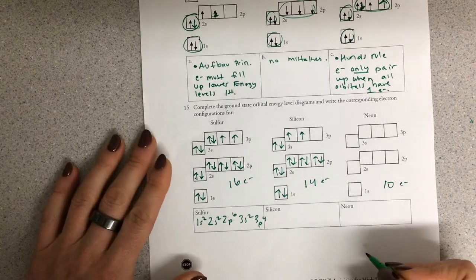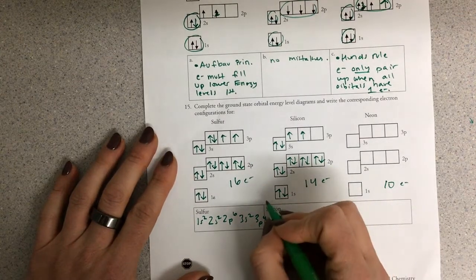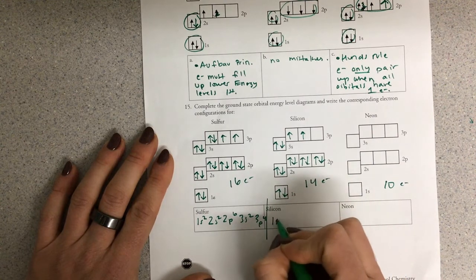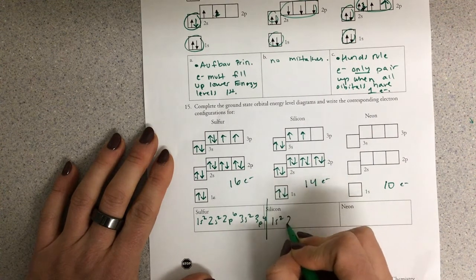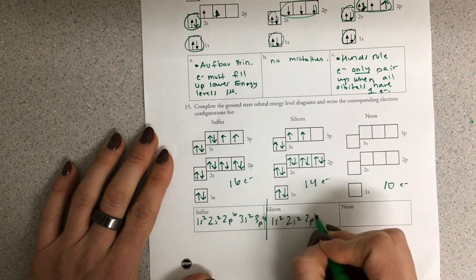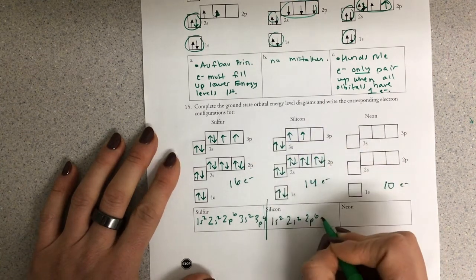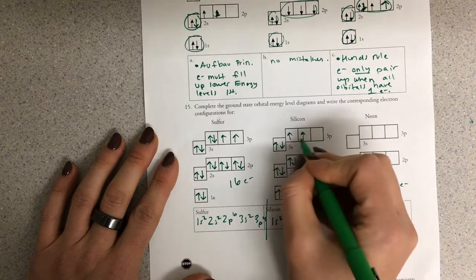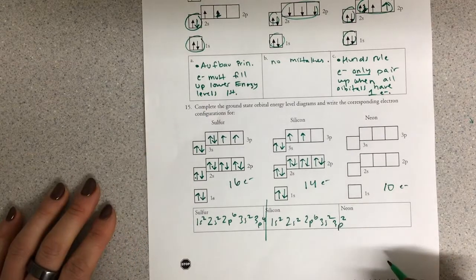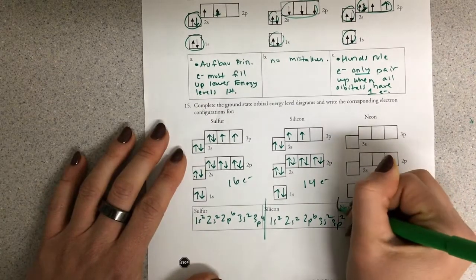Okay, so let's go ahead and I'll just draw a line here. Our electron configuration: in the 1s I have 2. In my 2s I have 2. In my 2p I have 6. In my 3s I have 2. In my 3p I have only 2.